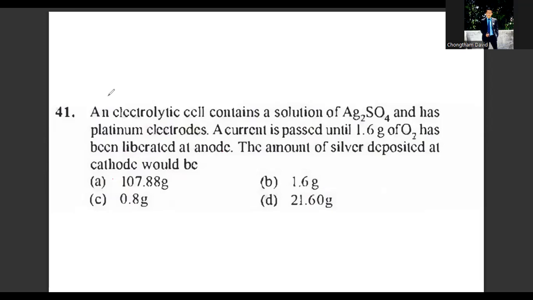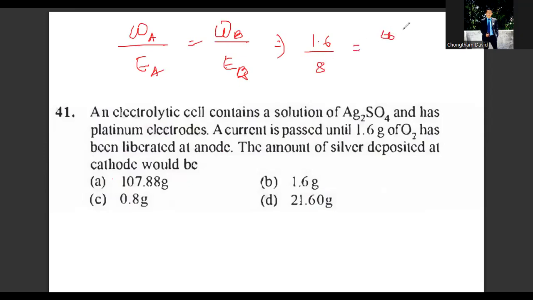So you can use Faraday's law: weight of A with respect to equivalent mass of A equals weight of B with respect to equivalent mass of B. So according to the question, 1.6, and this would be 8. This is your silver, so weight of silver by atomic weight 108. So cross multiply it and you will obtain the weight of silver.